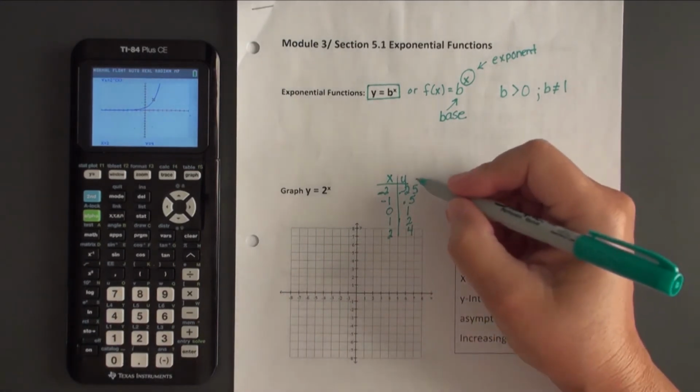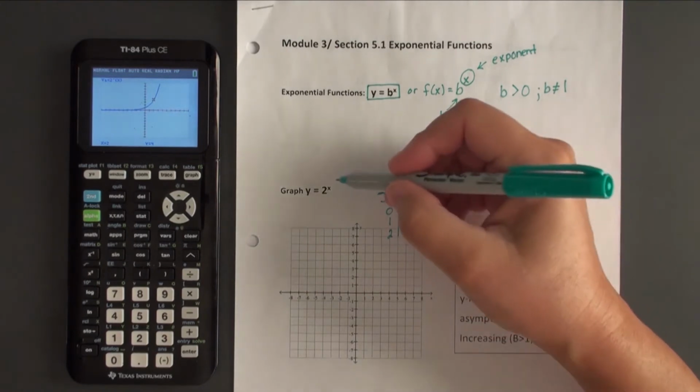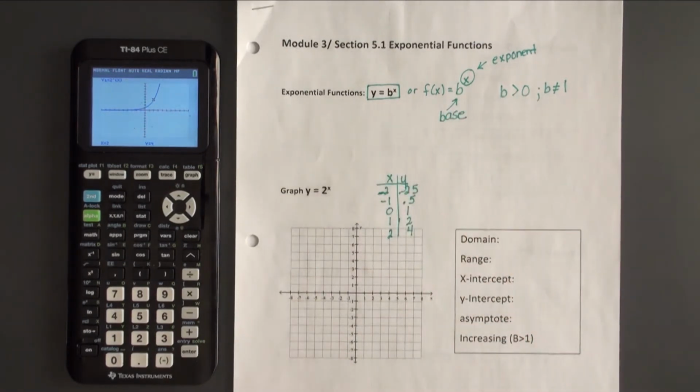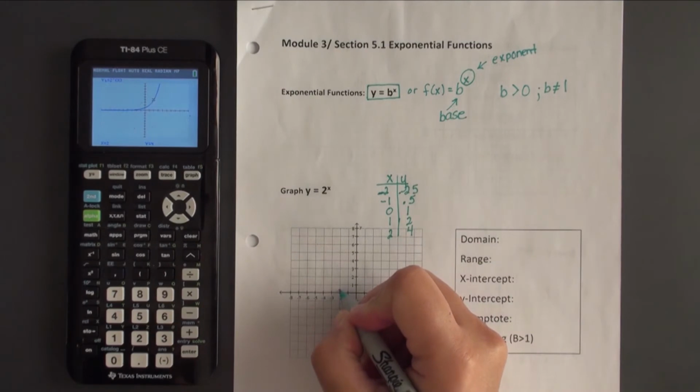Now you can arrive at these y values by substituting the x values into the actual equation, or you can just look at the graph and press the trace. So I'm going to plot those points.